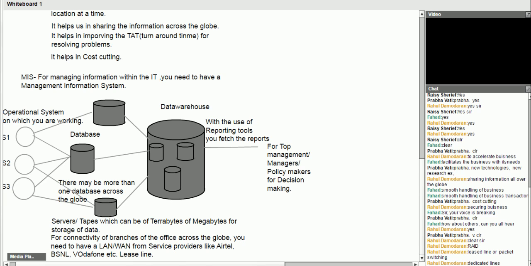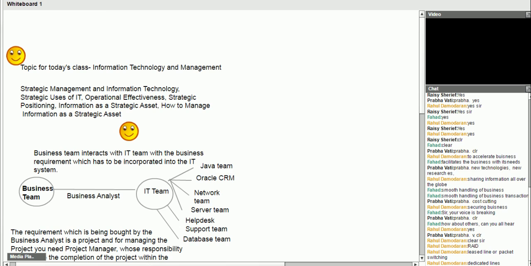Then other things which will be there, what are the other IT terms which are related. I am writing it on another whiteboard.